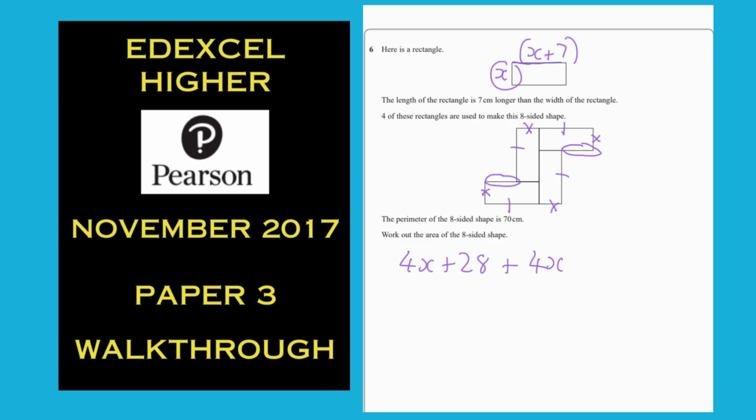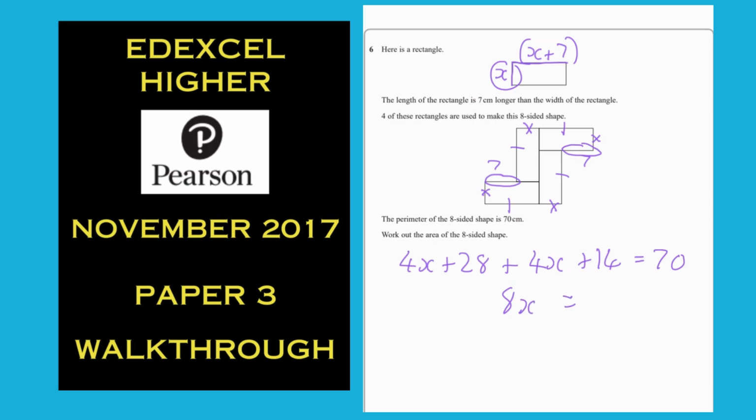How long are they? Well, that's the length of the rectangle minus the width of the rectangle. In other words, 7. Because it's x plus 7, take away the x. So there's an extra 14 on the end, and we're told it's equal to 70.